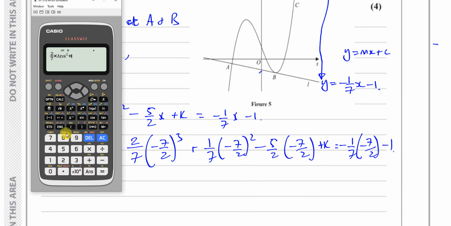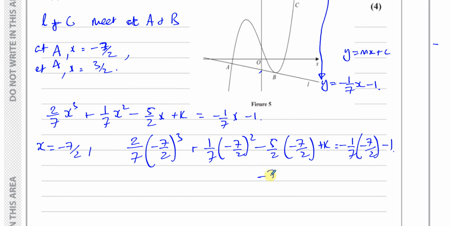Plus, I'll have 1 over 7 times answer squared. And minus 5 over 2, times answer. The answer here was the last answer in the calculator, which is minus 7 over 2. Now that will give me minus 7 over 4.